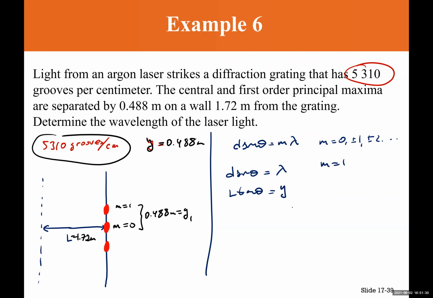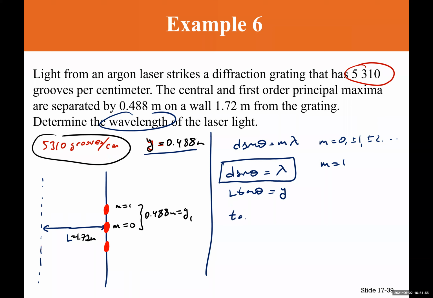So one thing I have here is the equation that I need for the wavelength, because that's what we want, right? It means I need d sine of theta to give me the wavelength. I have a way of finding d, but I don't have theta. But I can use L tangent of theta, because this equals y, and I'm given y to find the theta.